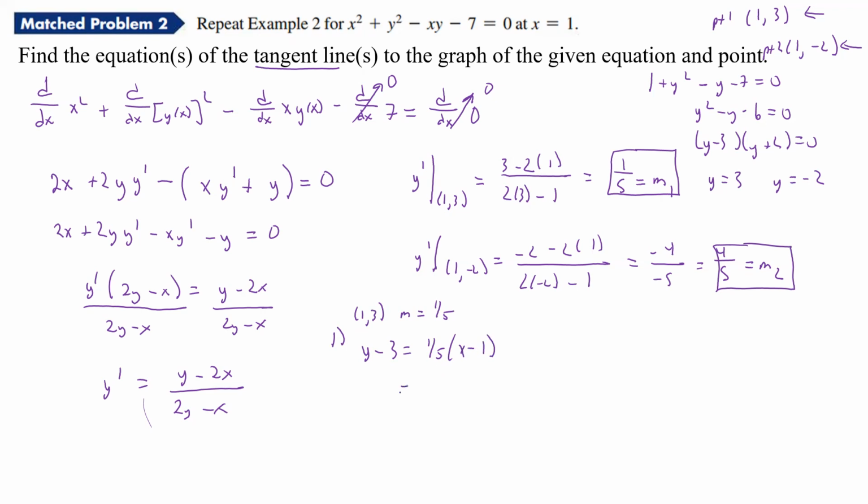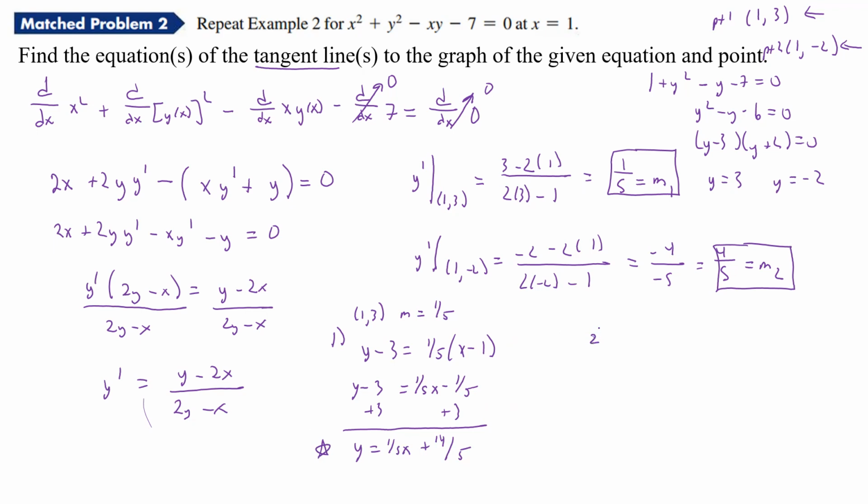And so we distribute here, so that's 1/5 x minus 1/5, and we still have y minus 3 here, so if we add 3, we get y equals 1/5 x, and that's going to be 15 minus 1, so plus 14 over 5. So that's my first equation, so let's star that.